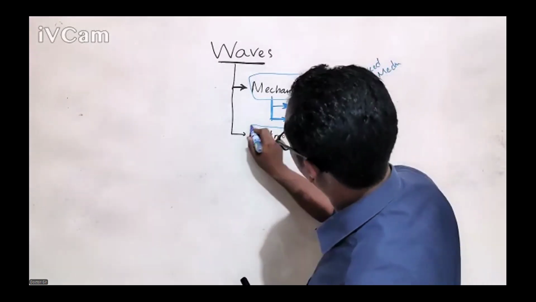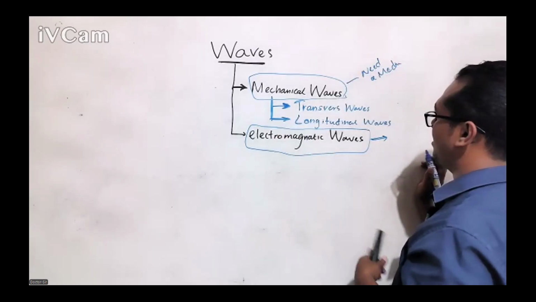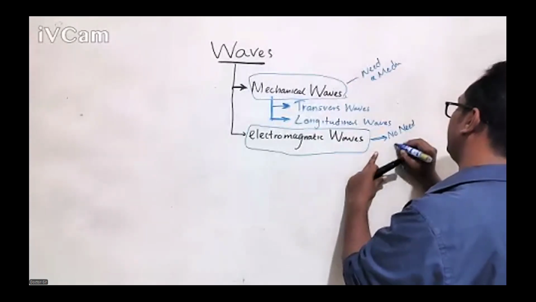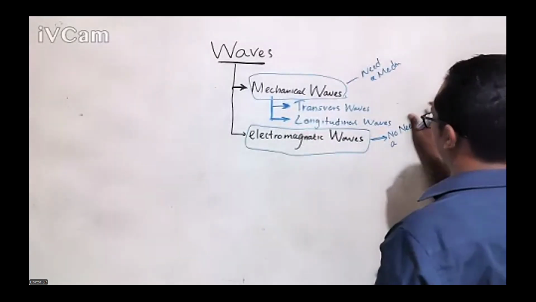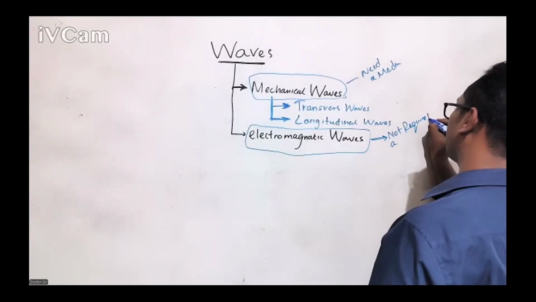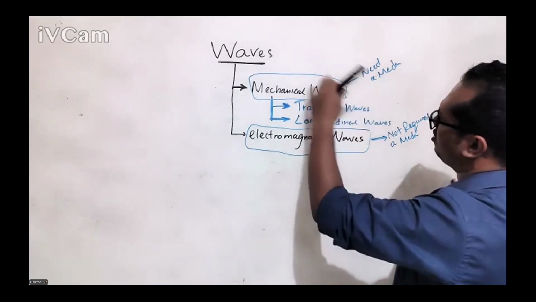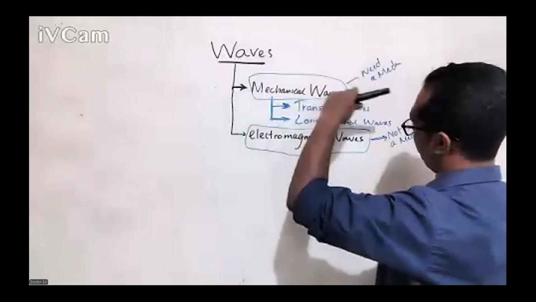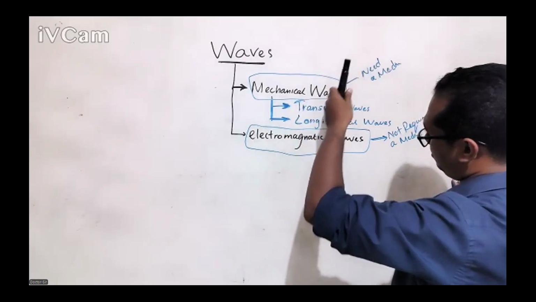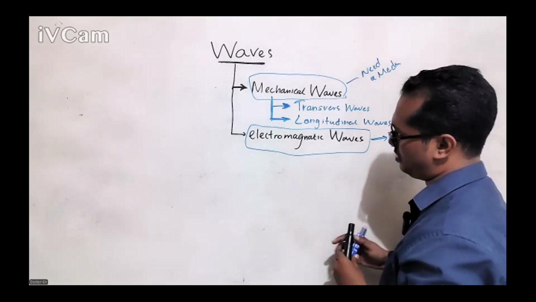But the electromagnetic wave, which we are going to discuss today as well, does not need a medium. So depending on whether a medium is required, a mechanical wave requires a medium, while an electromagnetic wave does not require a medium.